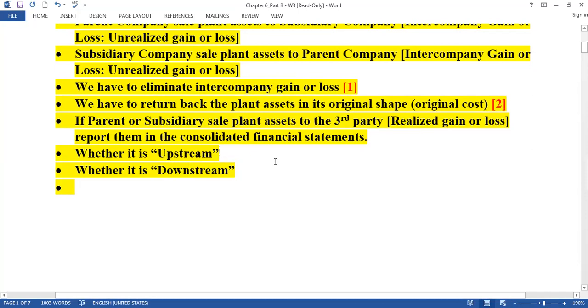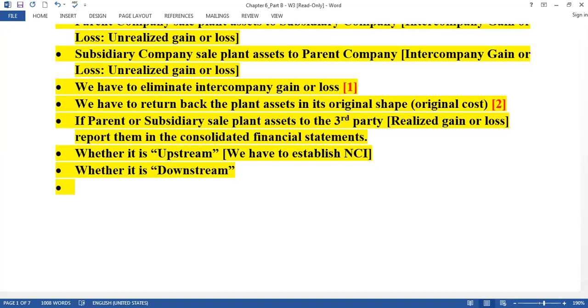If it is upstream, then we have to establish NCI. If it is upstream, that means the gain or loss is transferred from the subsidiary to the parent, so the parent cannot accept 100%, because sometimes the parent owns 80% or 90%.